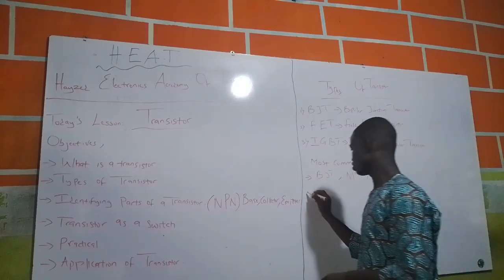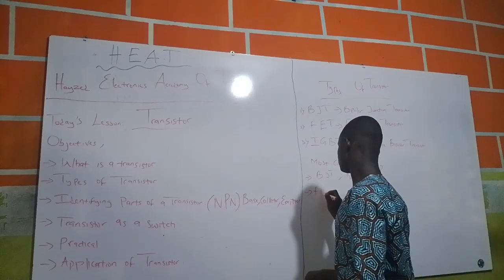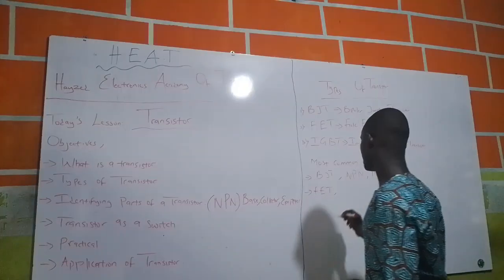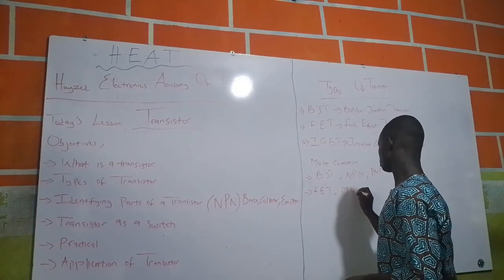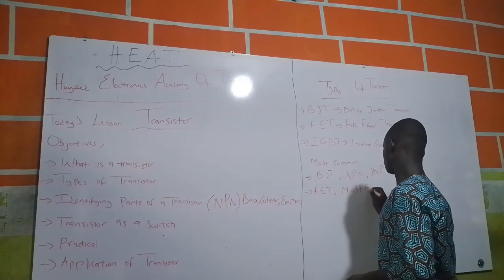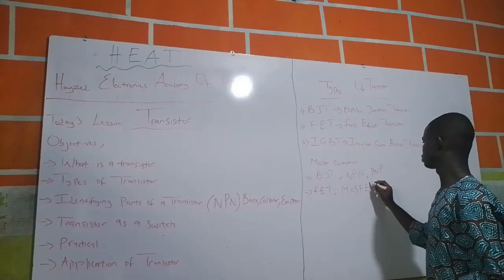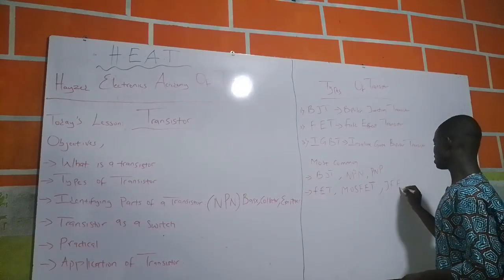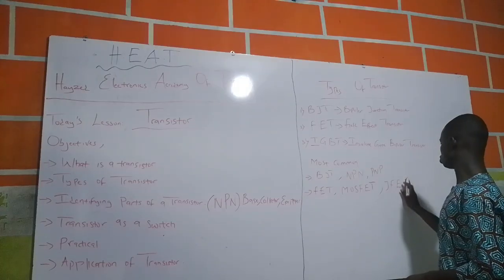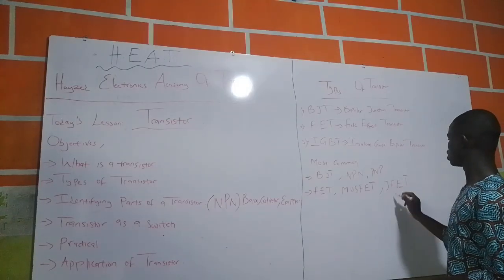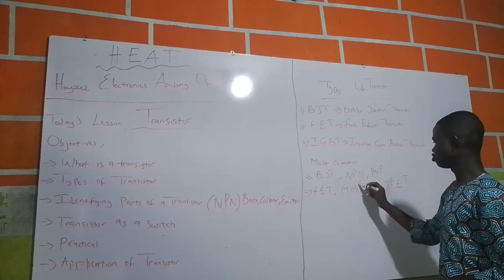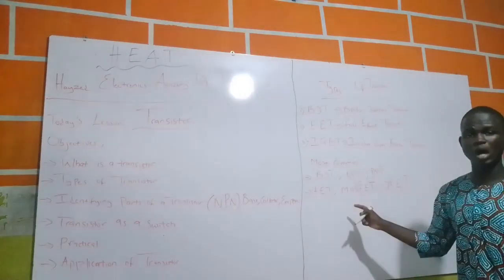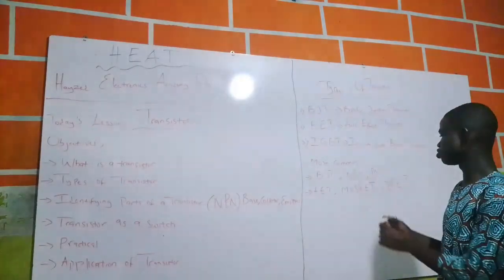While for FET, we mostly have 2 types. We have the MOSFET, and we have the JFET. If you can see, the most common thing between them is the FET, meaning that both of them are field effect transistors.